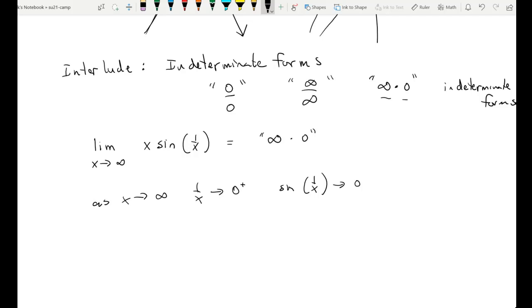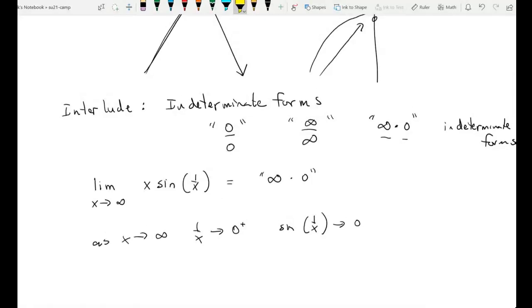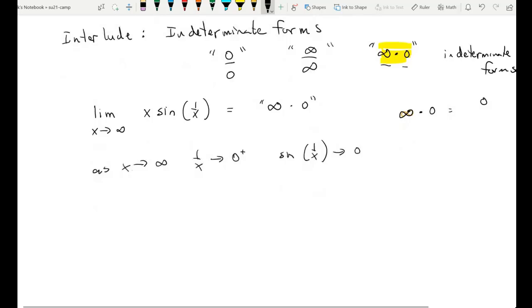Now, this indeterminate form is related to the previous two. If you have infinity times 0, well, again, this is all kind of rough, but we can think of the infinity... well, okay, I won't do that one.